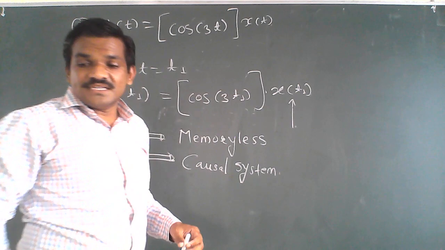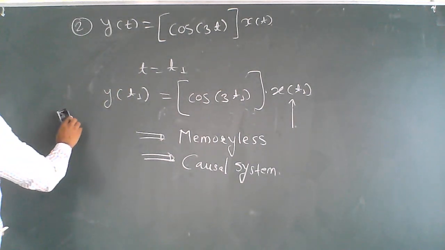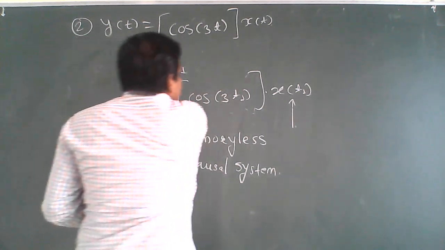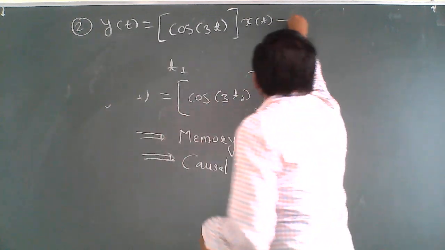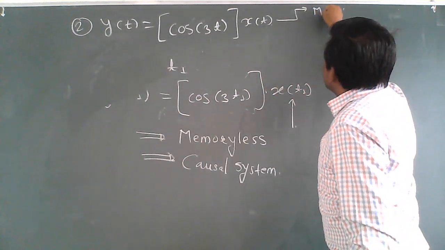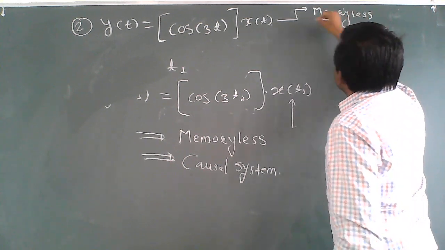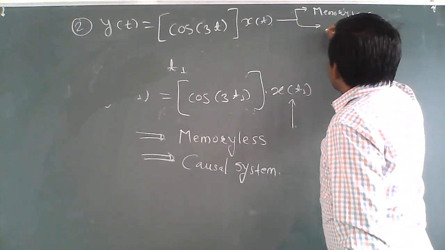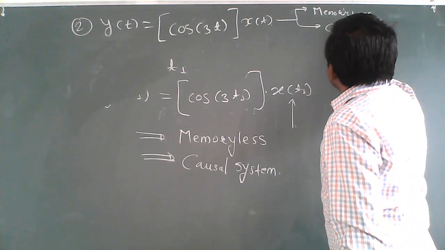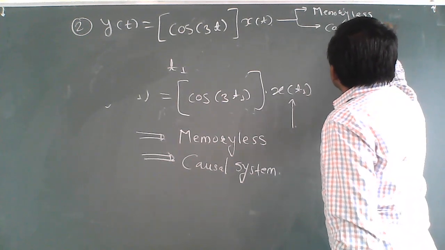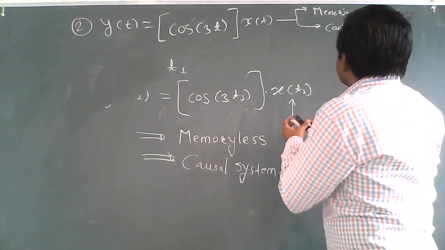Now let us consider the next property, that is the shift invariance property. So I will write it here for this particular system: the system is memoryless and the system is causal.